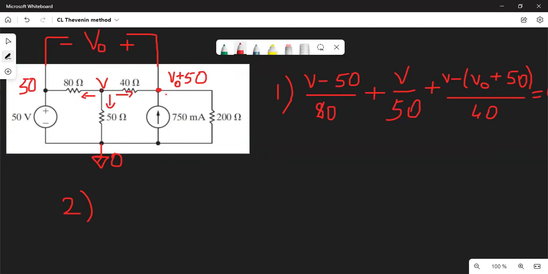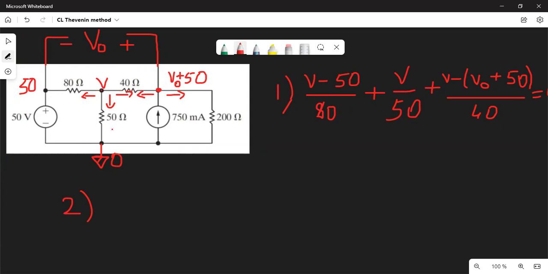Here, guys, as you can see, there are two additional nodes to consider: the left part with 50 volts, and the right part with V0 plus 50. In the left branch there is no resistance, so current doesn't flow there. So please be careful. Do not consider the leftmost branch because there is no resistance.